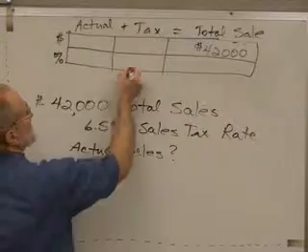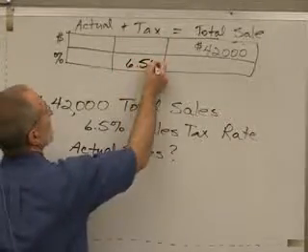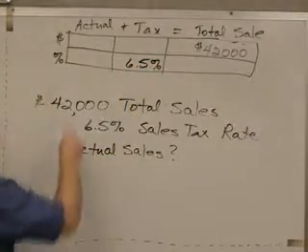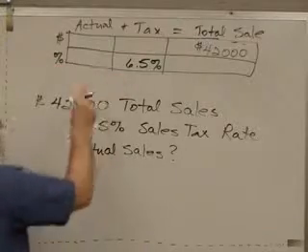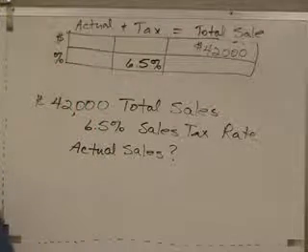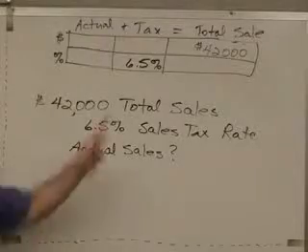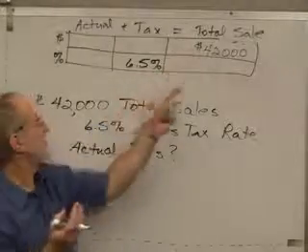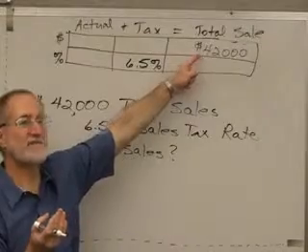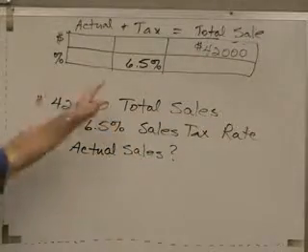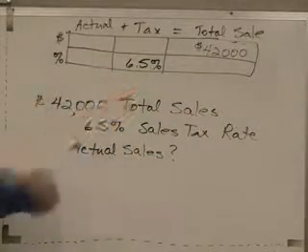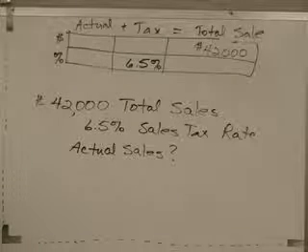That's the bottom, isn't it? 6.5%. And now they want to know what were the actual sales before tax. We work it the exact same way. We cannot multiply this times that. We can't subtract 6.5% off of 42,000 because that 6.5% is not of 42,000. It's of the original amount which we're trying to find.